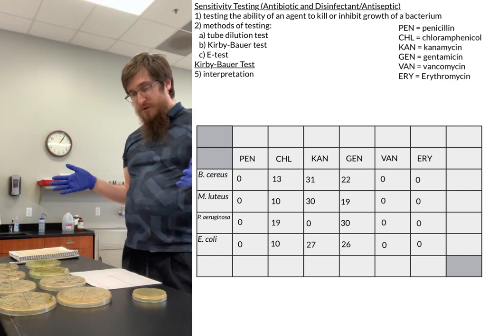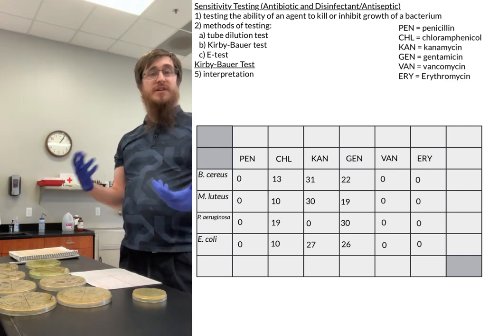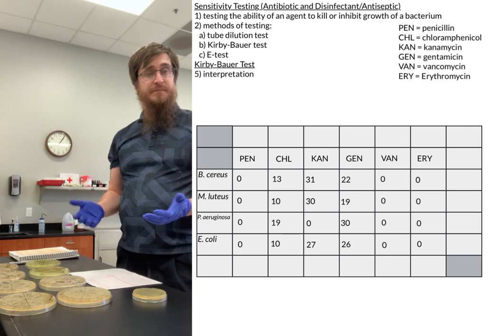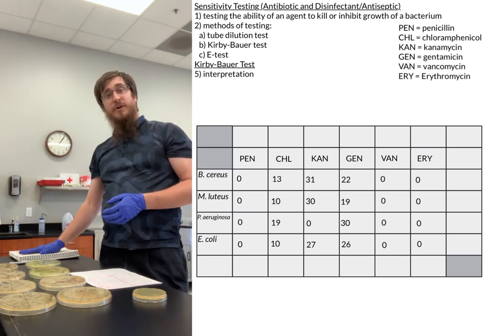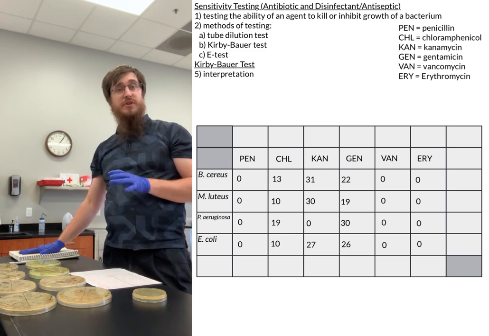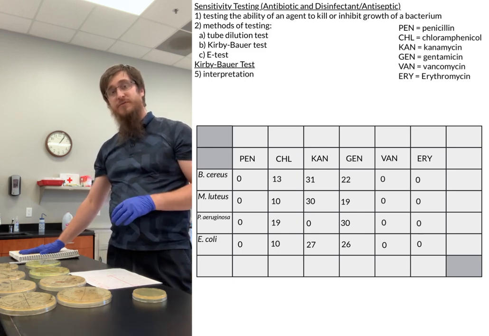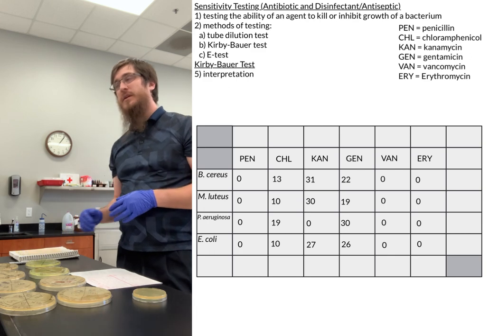And when we have all this different data, there's a couple different ways that we can look at it and interpret it. So first things first, and this is where our antibiotic sensitivity tables come into place. Again, we're going to look at the antibiotic data first, and then we'll get into the disinfectant and antiseptic data.